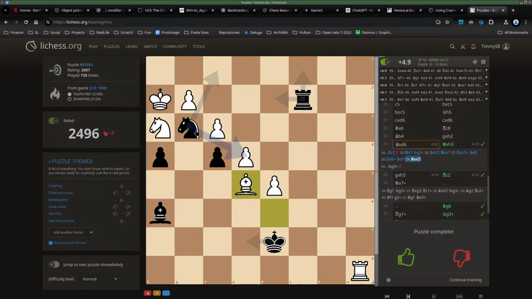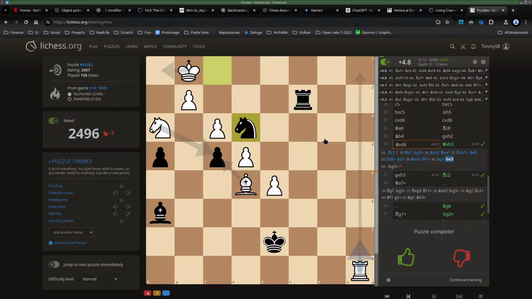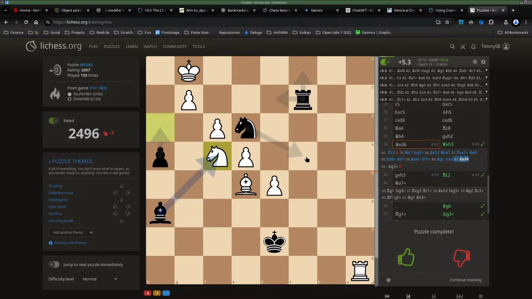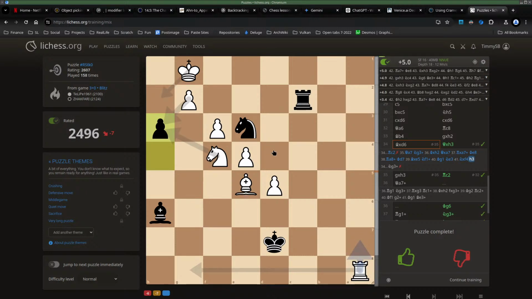All the pawns are gone. Spite checks. Another pawn bites the dust. Really? Give that pawn away as well?